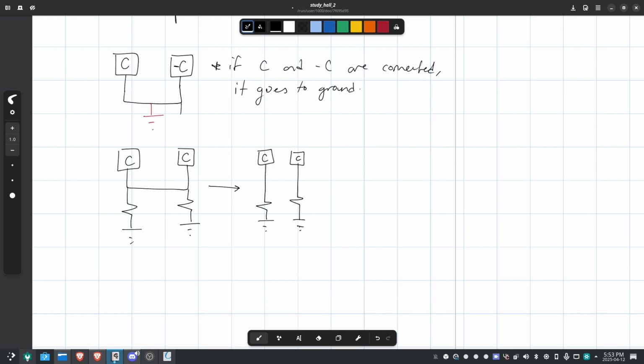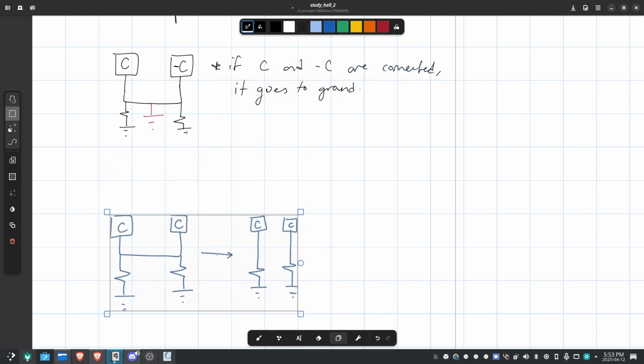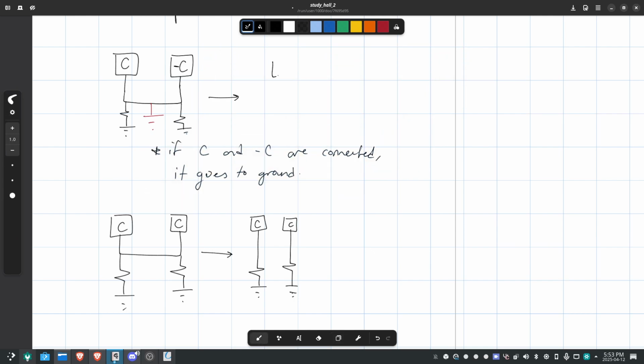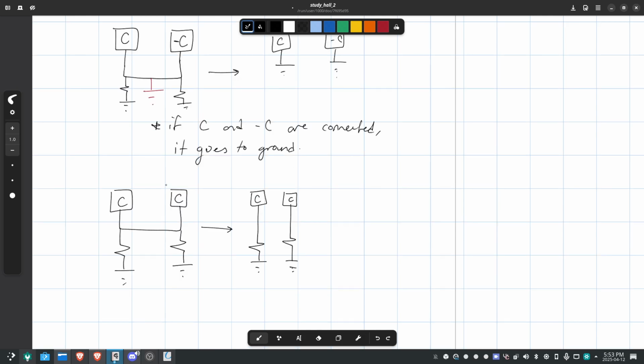Even if this is connected like this, let me reorganize this a little. They both go directly to ground, right? Because these two cancel out before the resistors even have a chance to do their job. If they're the same circuit, the identical circuit, then this is voltage and this is voltage. Nothing really changes. Nothing happens between them, right? So you can just cut that connection entirely.